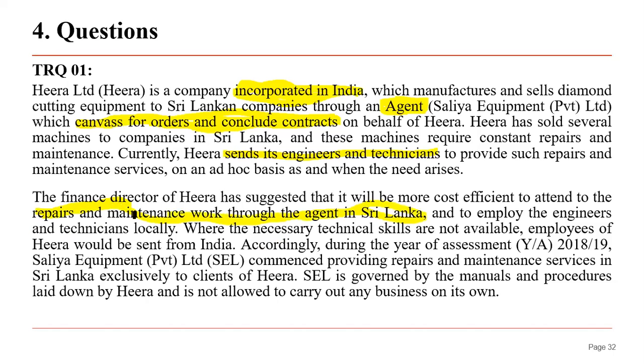Through the agent. Then the agent is getting more work than previously, right? The agent is getting more work. Then they are going to ask Salia Enterprises to employ engineers and technicians locally.